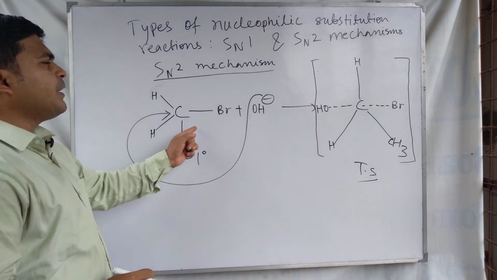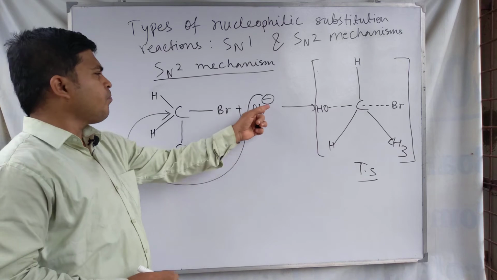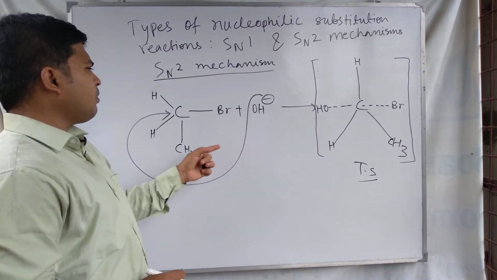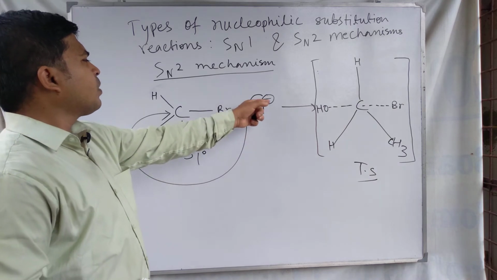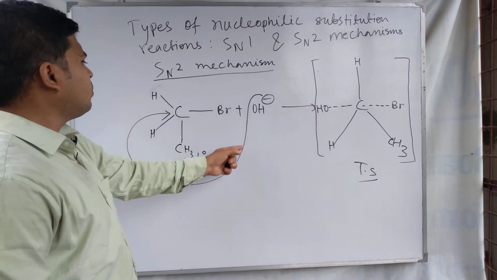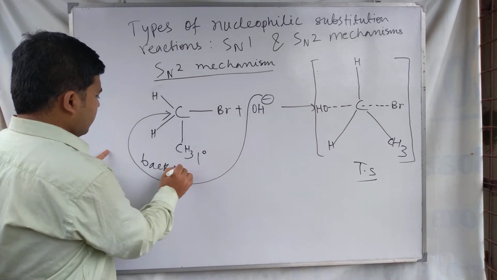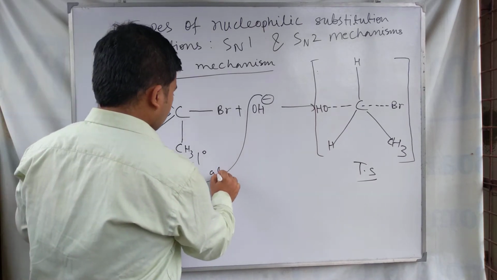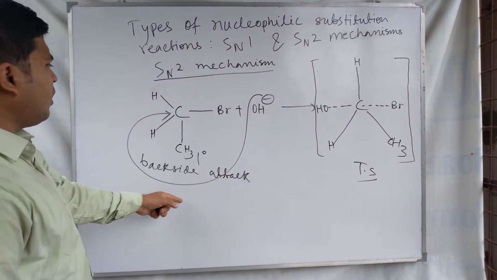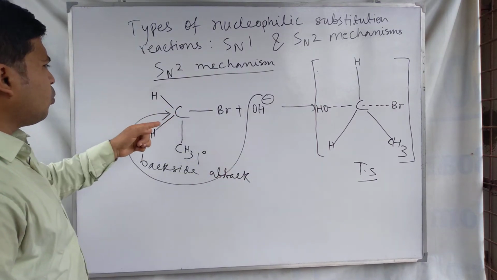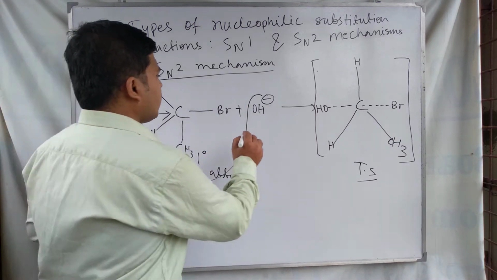At first the 1 degree alkyl halide, in presence of the base OH minus, what happens? In presence of the nucleophile OH minus, a backside attack takes place.